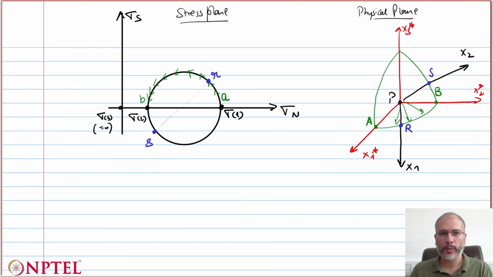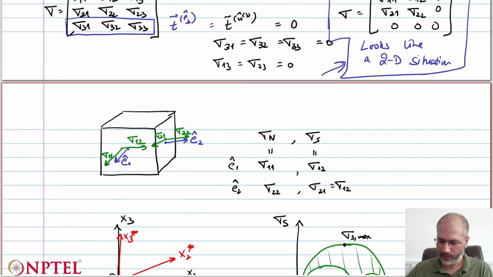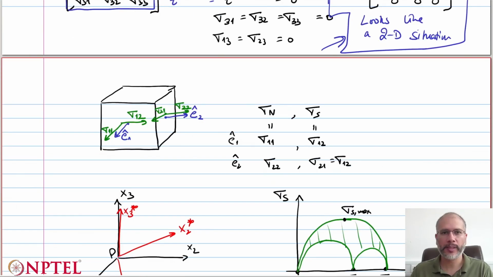Now to figure out the coordinates, that is sigma n comma sigma s for these 2 points, that's easy. If I go back to my cube picture, which was drawn for some arbitrary x1 and x2 directions, we notice that the normal stress was sigma 1 1 and the shear stress was sigma 1 2.